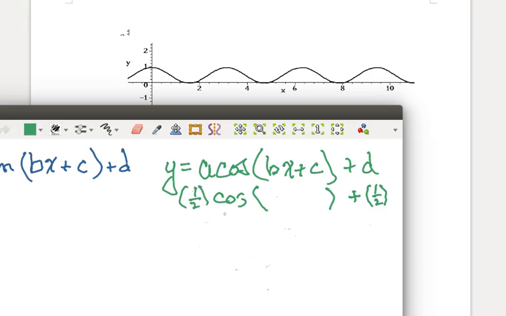So when x is 0, I've got b times 0 plus c, and that needs to be the start of the first cycle for the cosine, and the cosine starts at 0 because I've got that memorized. So solving that equation, we discover that c would need to be equal to 0 if we're going to match it to this sinusoidal cosine thing.